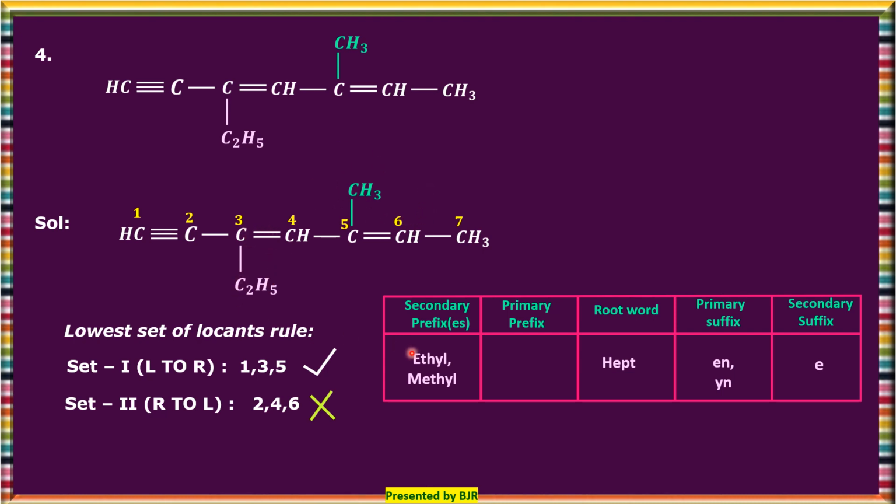So 3-ethyl-5-methylhepta-3,5-dien-1-yne. In this diene, e is dropped because this e is followed by the suffix y. Okay.